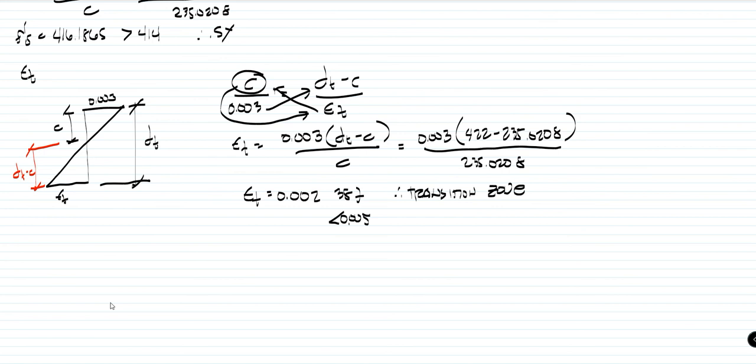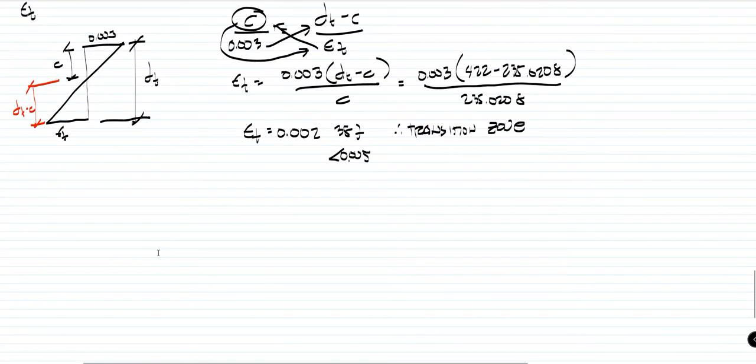So we cannot consider this as a beam in the design process. Since the question only asks for the moment capacities and net tensile strain, we just continue the solution.